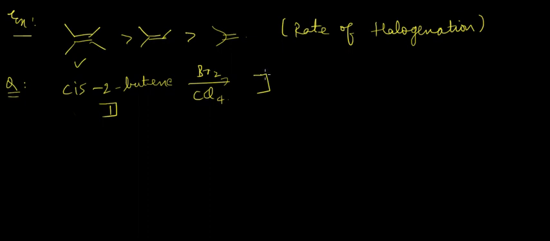So this would be the non-classical carbocation formed, and Br minus can attack this carbon up the plane and down the plane. If it is attacking up the plane, then we will be getting something like this. This will go down the plane.